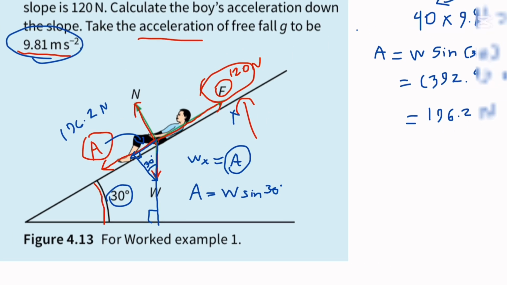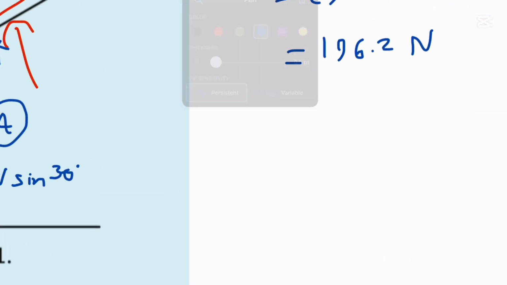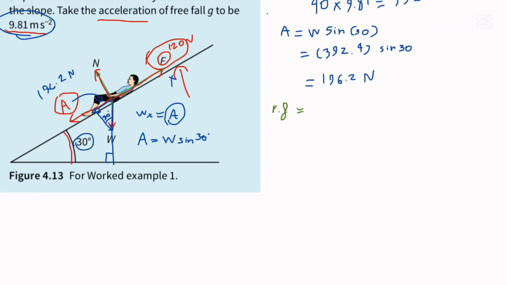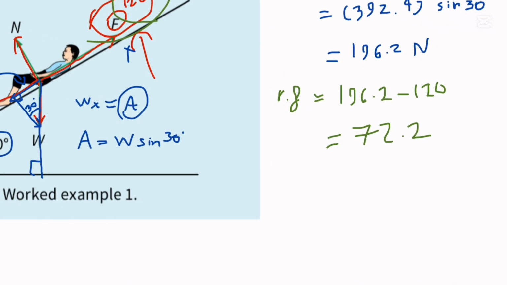Now let's find the resultant force. I will just write it RF, resultant force, which is we have to subtract 120 from 196.2, so that would get about 72.2 newtons of force, right?